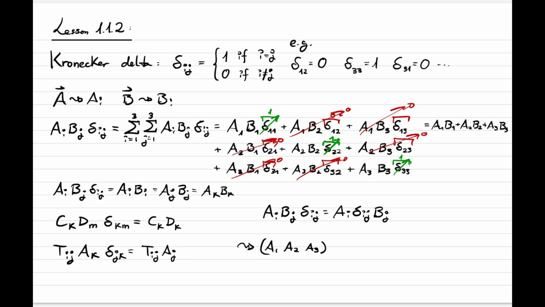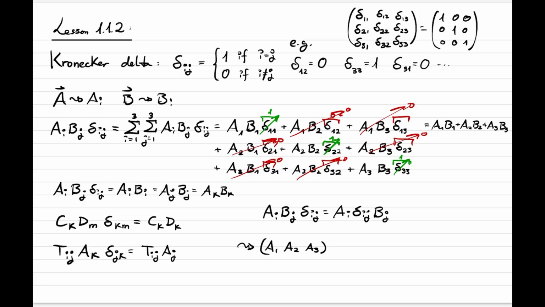So I already mentioned in lesson 1.1.1 that you could grab all the deltas, all the possible deltas, all the components, and arrange them in this way. And if you form a matrix and you compute the components, this is just the identity matrix.